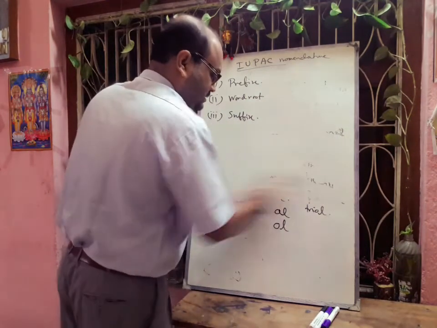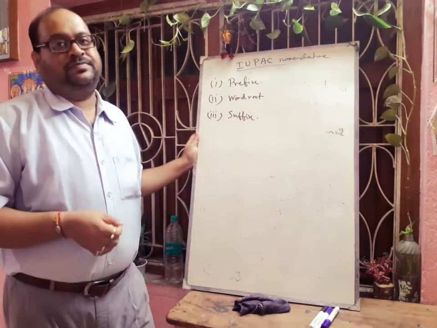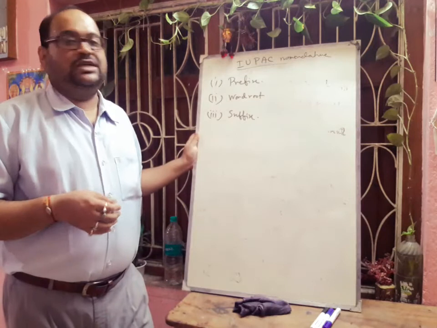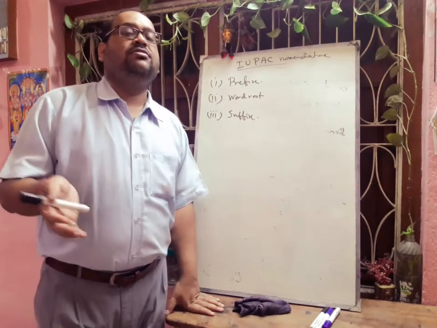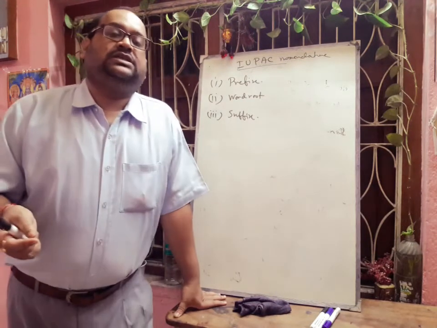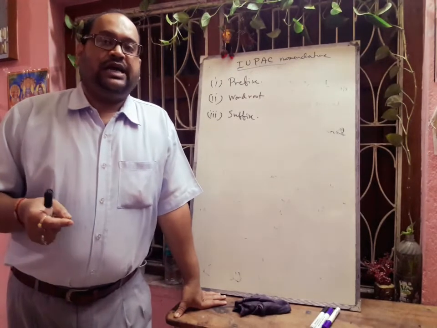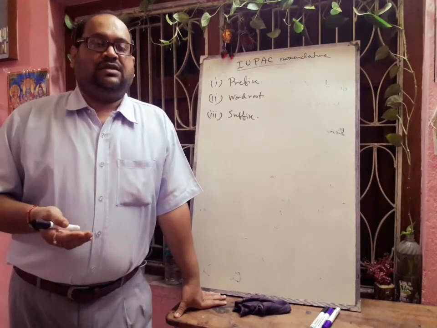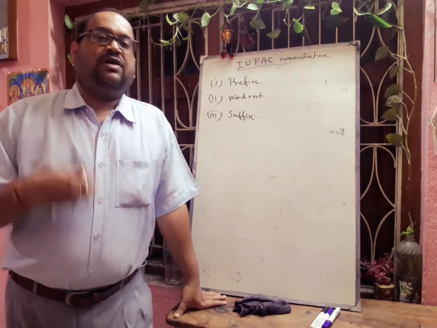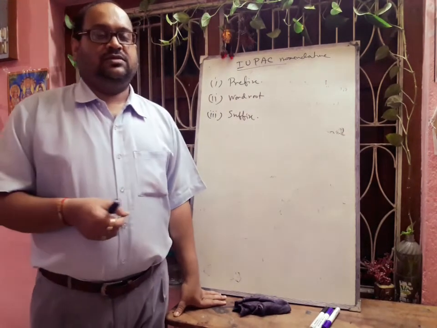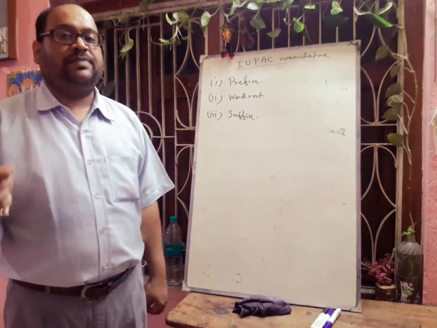Next we will discuss the prefix. In an organic compound or organic molecule, there may be more than one functional group. In your class 10, the syllabus was restricted to one functional group. Now, if there is more than one functional group, then one will be the principal functional group, and there is a list from which you can remember the priority.